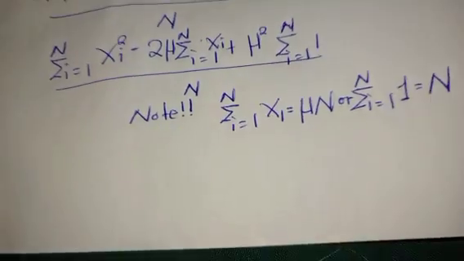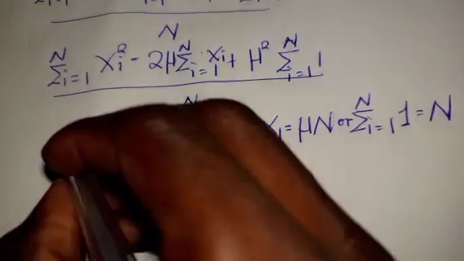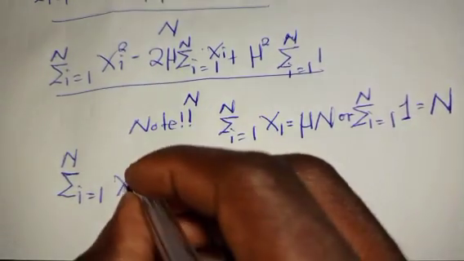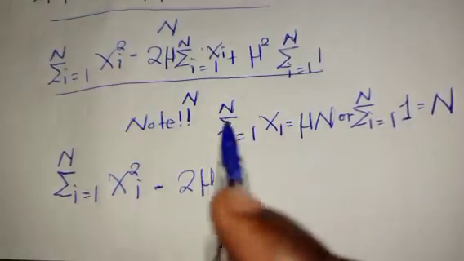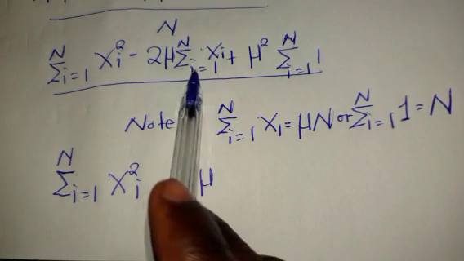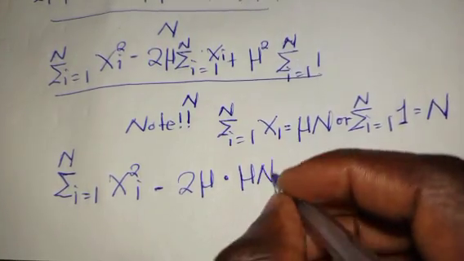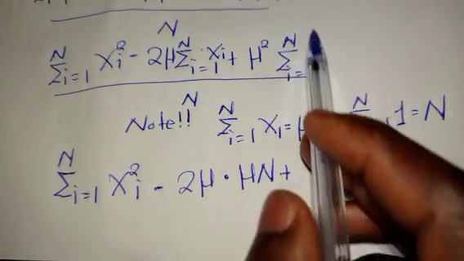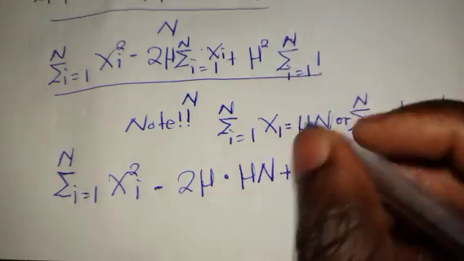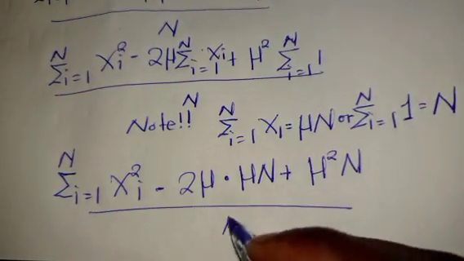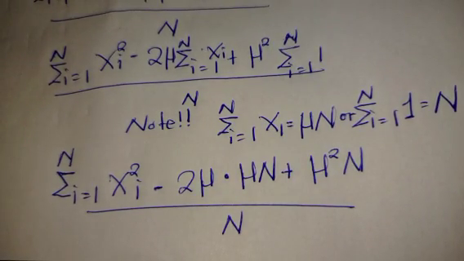So let us copy this the way it is: the summation of i equals 1 to n of x_i squared minus 2 mu, where the summation of x_i is the same as mu n, so multiplied by mu n, plus mu squared, where the summation of 1 is the same as n, so we have mu squared n, divided by n.